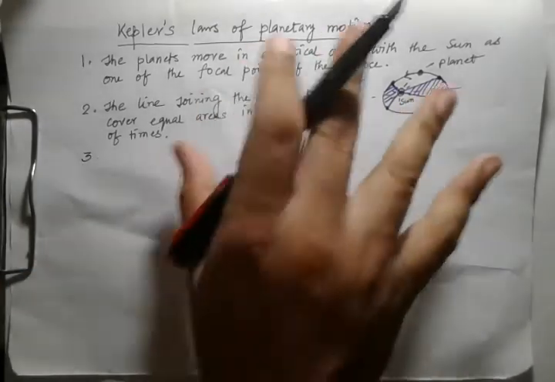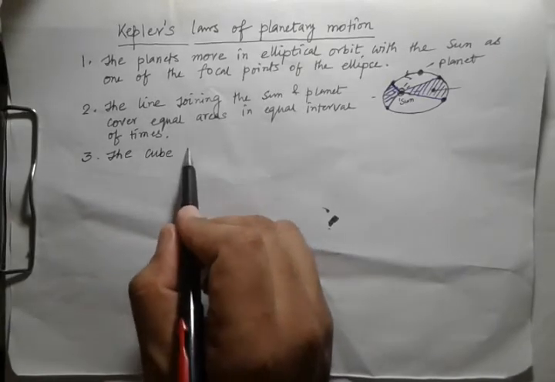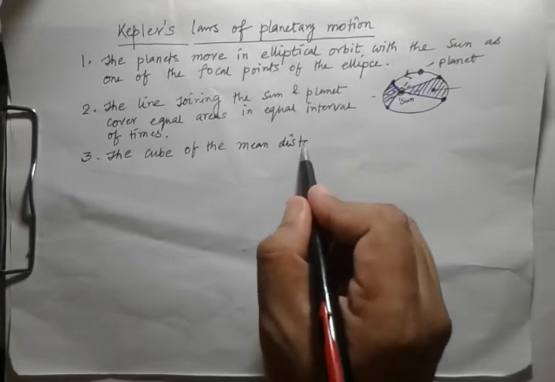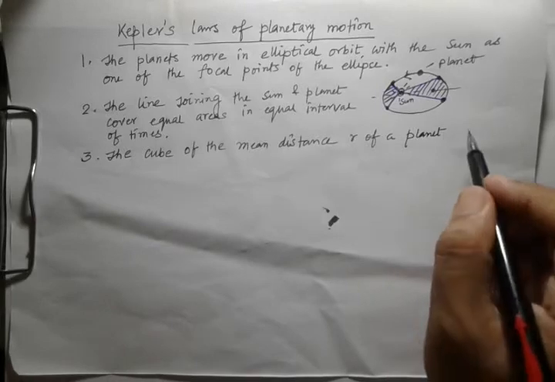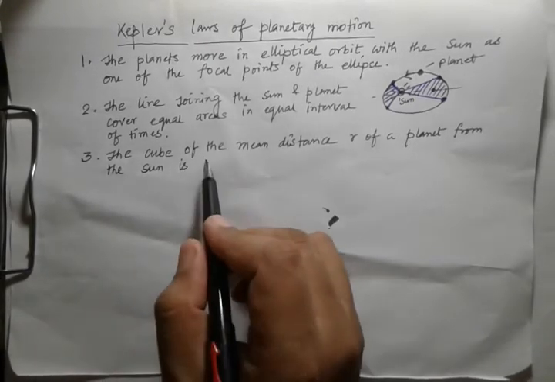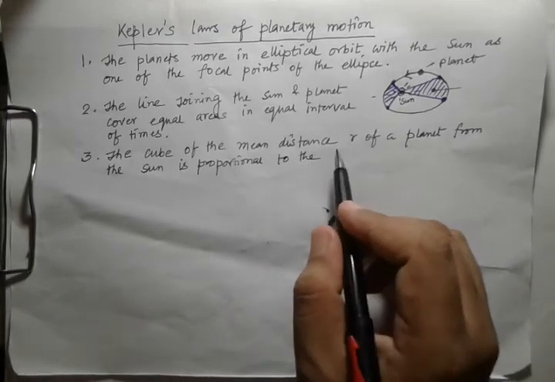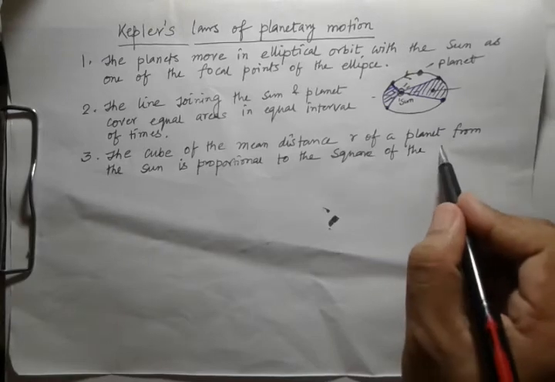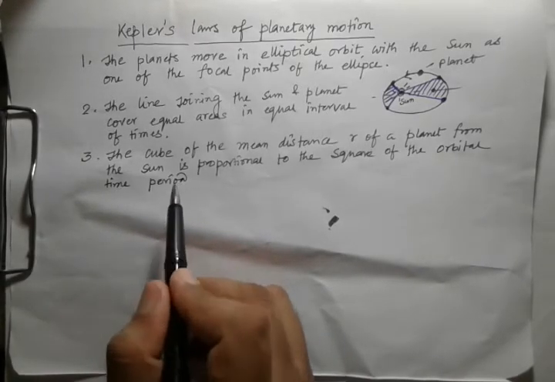And the third one is also very important. All the laws are very important. The third one is: the cube of the mean distance r of a planet from the Sun is proportional to the square of the orbital time period, or time period T. Mean means average.